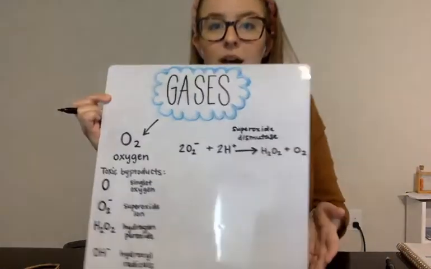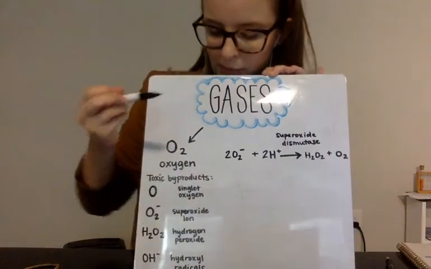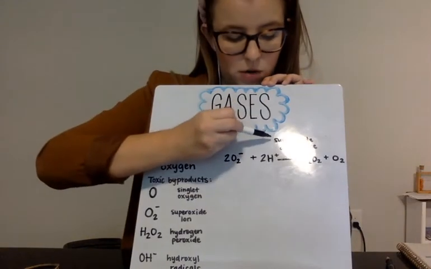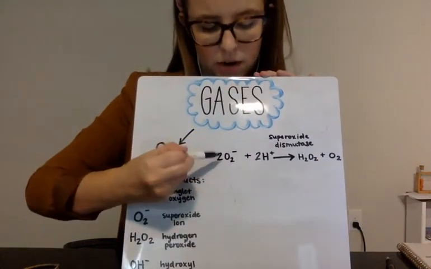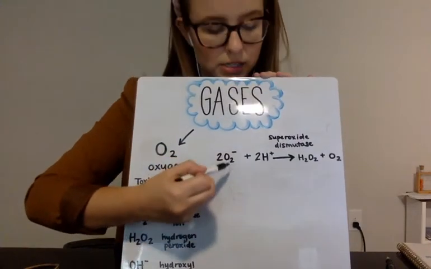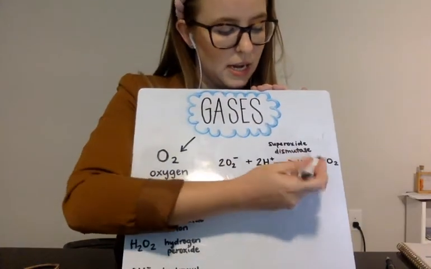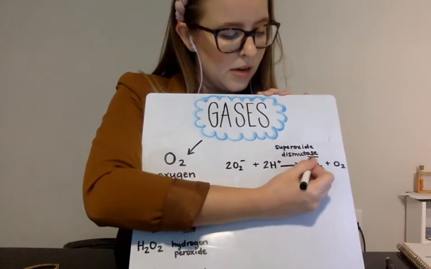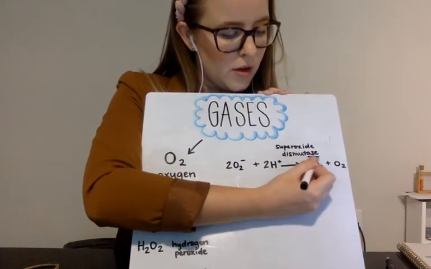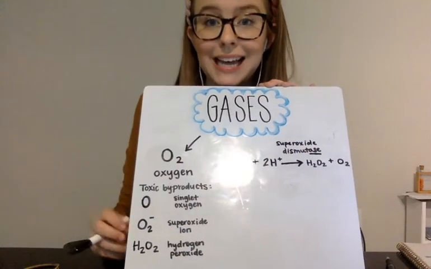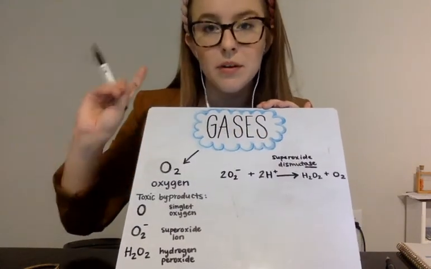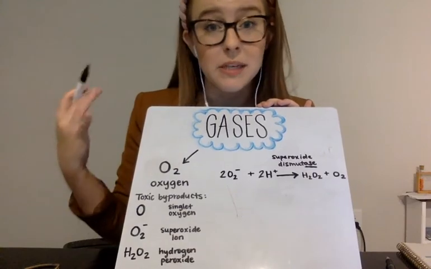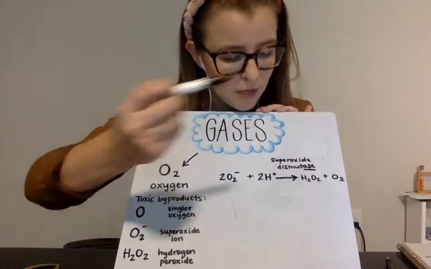This isn't too hard of a name to remember because we have the superoxide part, which is one of the reactants here. Then the dismutase: anytime you see ASE on the end of a protein name, that indicates that it is an enzyme, performing some enzymatic function.